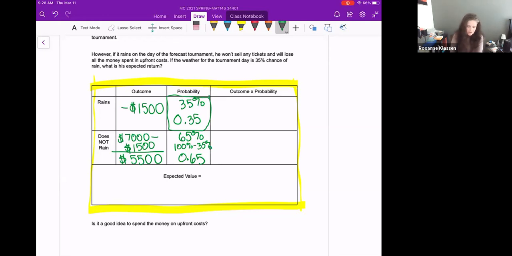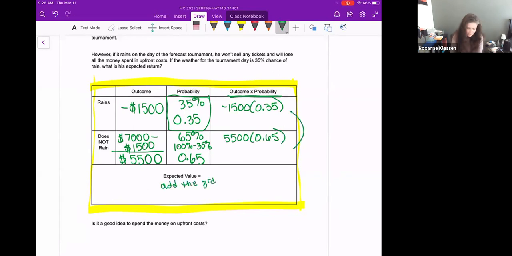Okay. Now it tells you exactly what to do over here. Multiply the outcome times the probability. Do the same thing here. Multiply the outcome times the probability. And then for expected value, you add the third column.